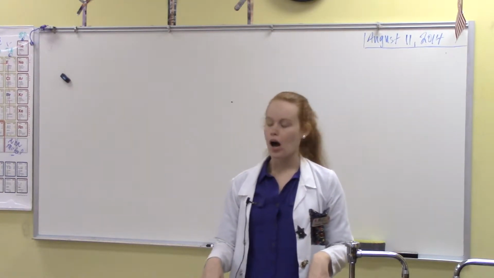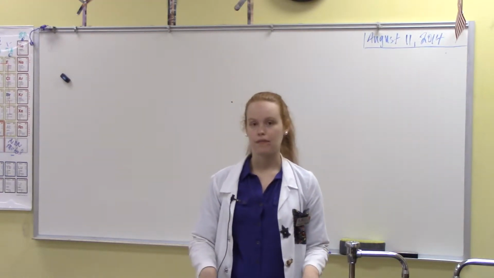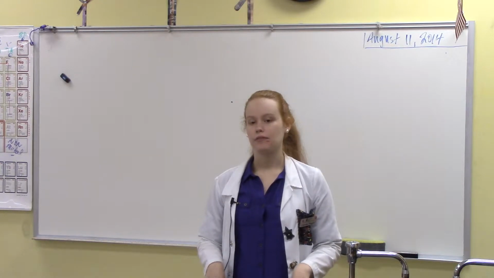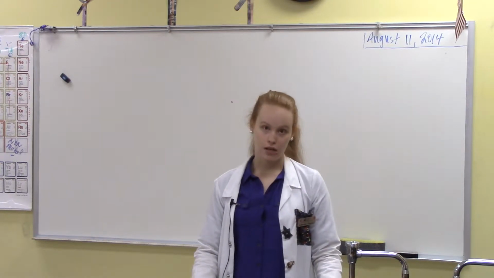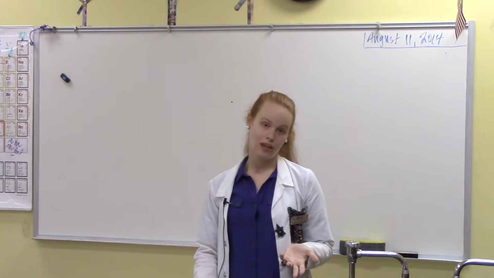I do an activity with my students where I've gotten pasta, and I've taken the mass of all of the pasta, and then I tell them what the mass of the whole thing is. They are each given 10 pieces.